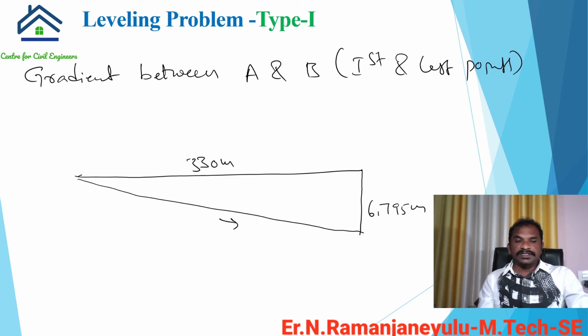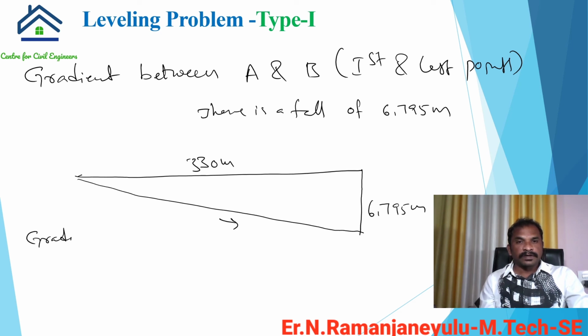Now, how to calculate the gradient: there is a fall of 6.795 meters, so the gradient is equal to the fall divided by the total distance 330. This will give you the gradient, which we mention like this: 1 in 48.56.